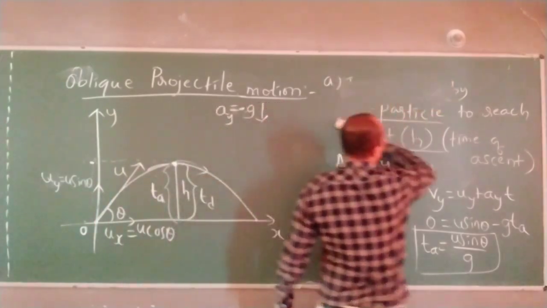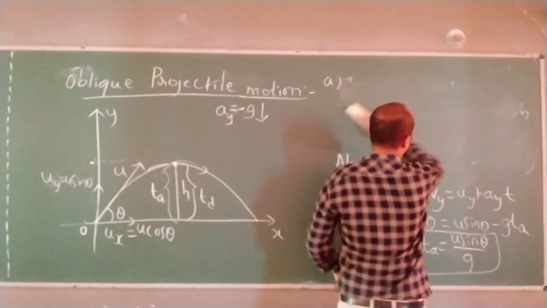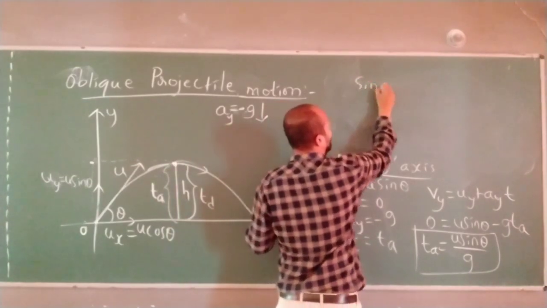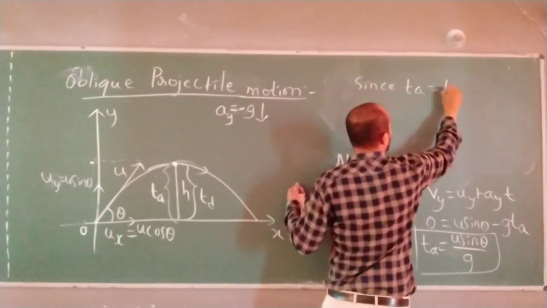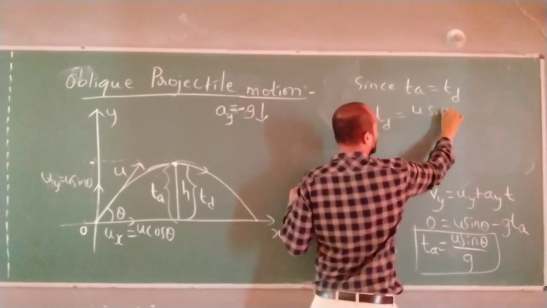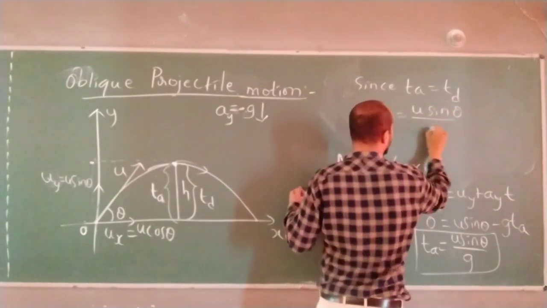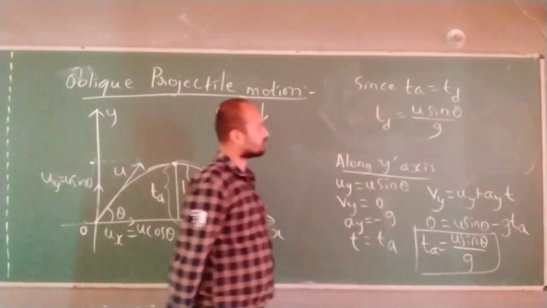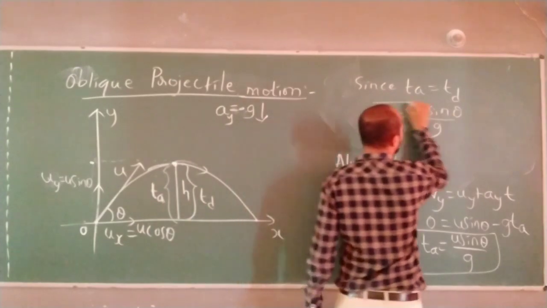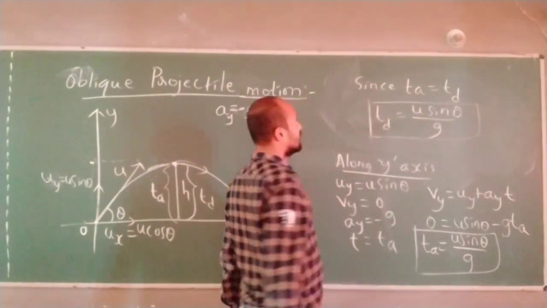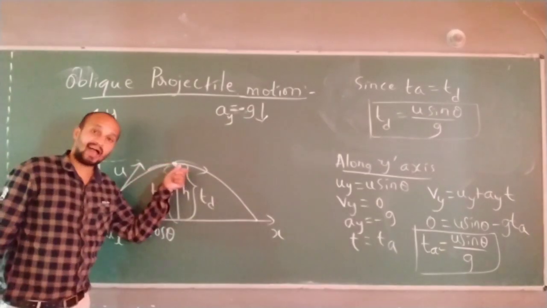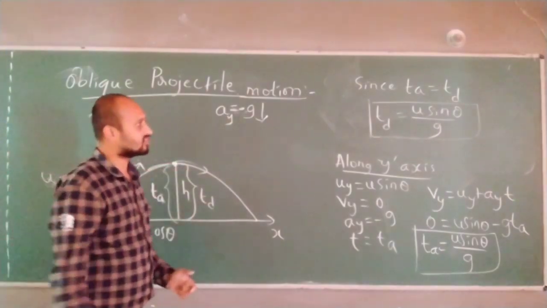So I can write here, since TA is equal to TD, the time of descent also is u sin theta by g. Then the time taken by the body to reach from the highest point to the ground is the time of descent.